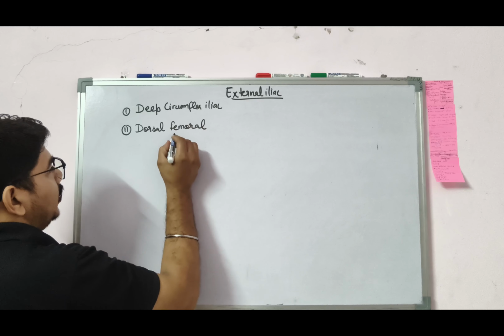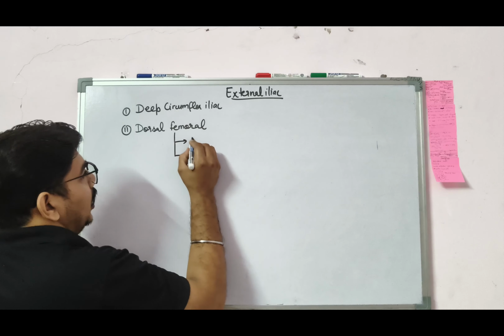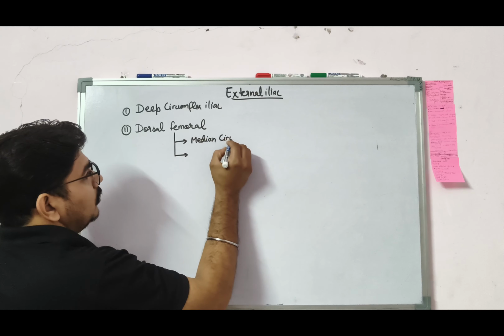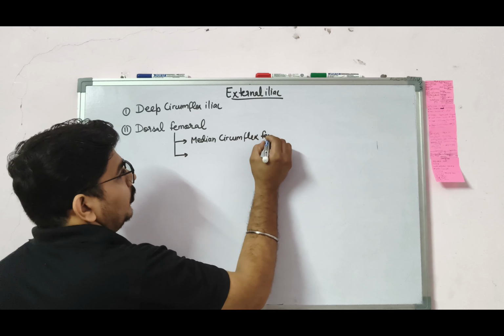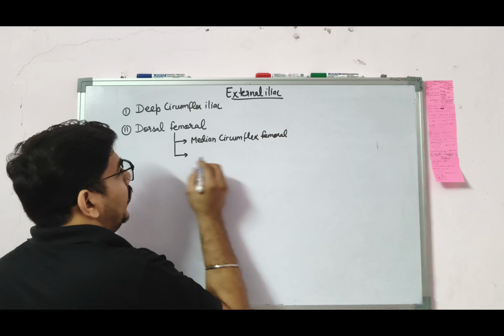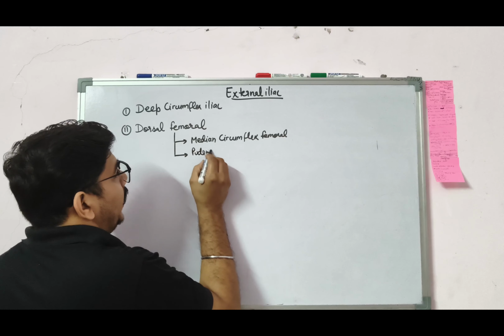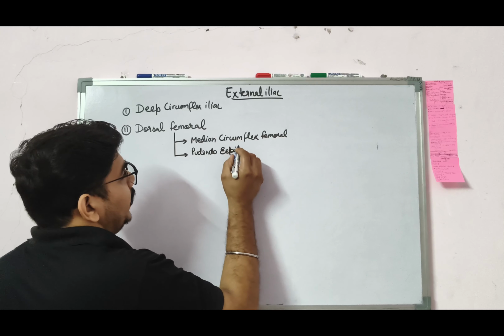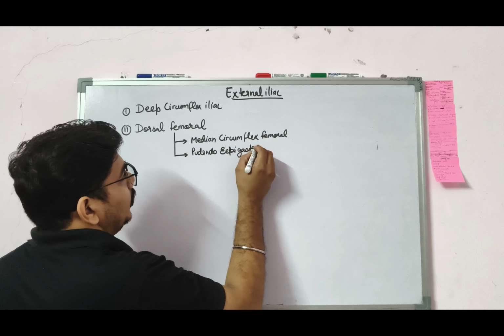This dorsal femoral bifurcates and gives two main branches: median circumflex femoral and pudendo-epigastric.